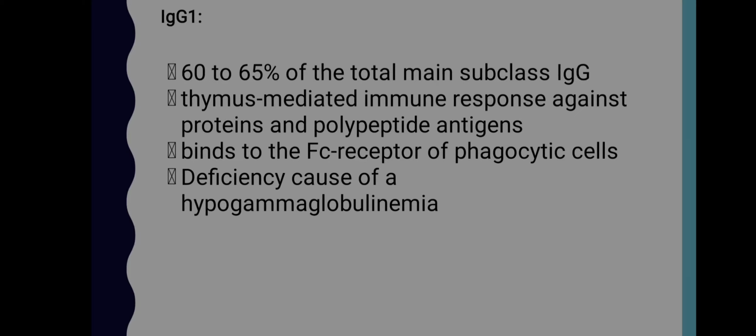IgG1 is 60 to 70% of total, the main subclass of IgG. It mediates the immune response against proteins and polysaccharide antigens. It binds to the Fc receptor of phagocytic cells, and deficiency of these antibodies causes hypogammaglobulinemia.